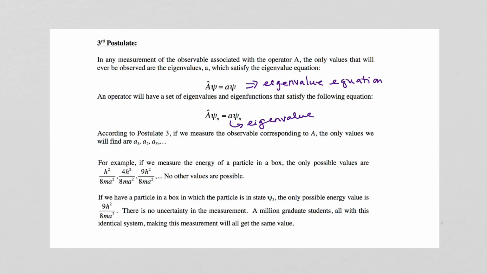So in this case, this is n equals 1, n equals 2, and n equals 3. So the only thing that we'll measure, if we know that we're in state 3, is that eigenvalue that corresponds to psi 3. Okay? There's no ifs, ands, or buts. That's the only thing that you will measure for that particular state, no matter how many times you measure it.